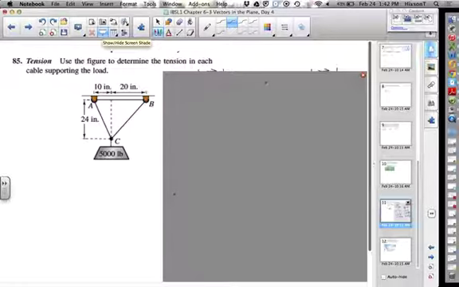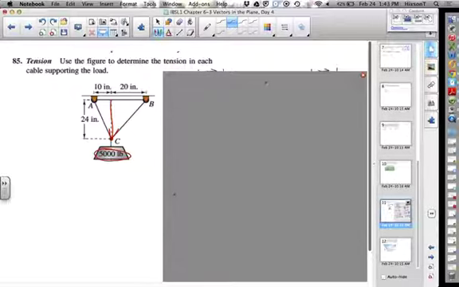Straight down. So basically, this vector here has what magnitude? 5,000. Now, it says use the figure to determine the tension in each cable supporting the load.